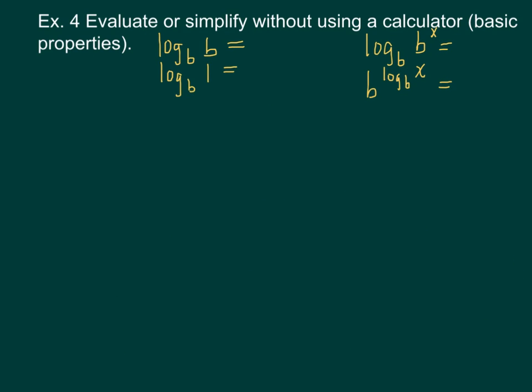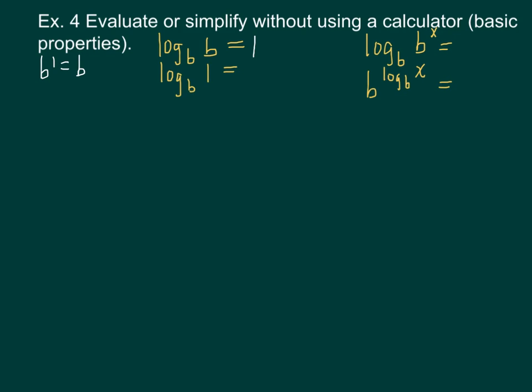Okay, example 4, we're going to evaluate more logs and simplify without using a calculator. But I'm going to go over some basic properties that will help you. So anytime you have the log base b of b, the answer is always 1, because anything raised to the first power is always itself.